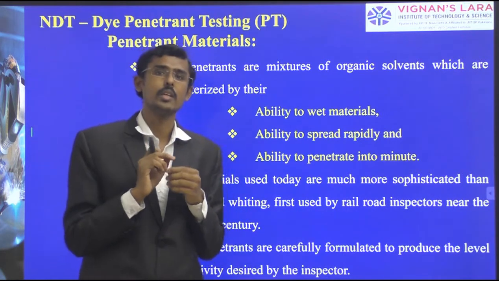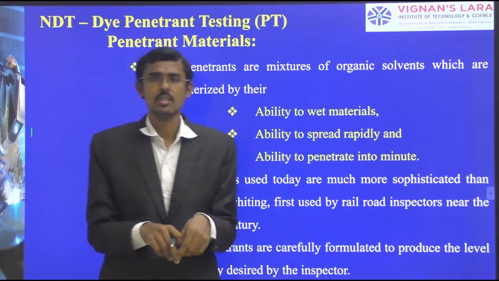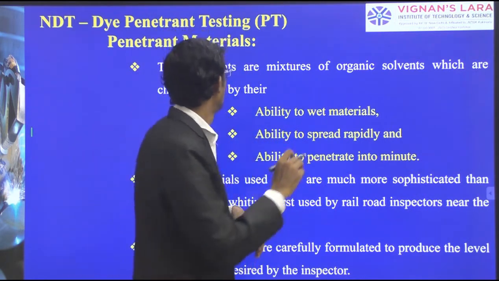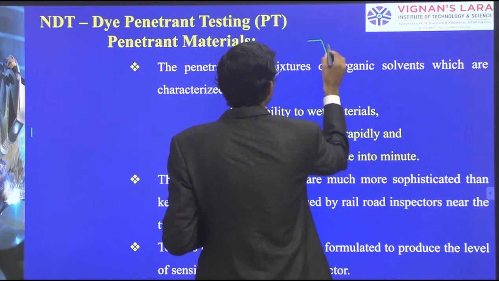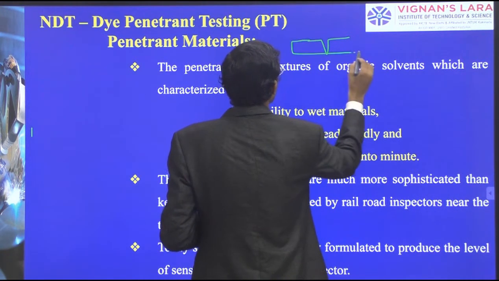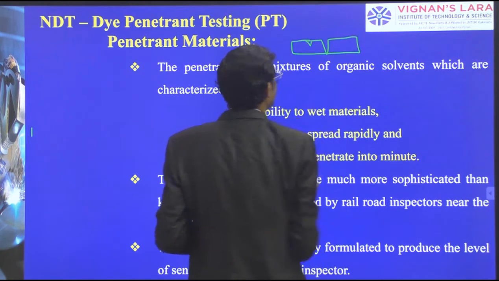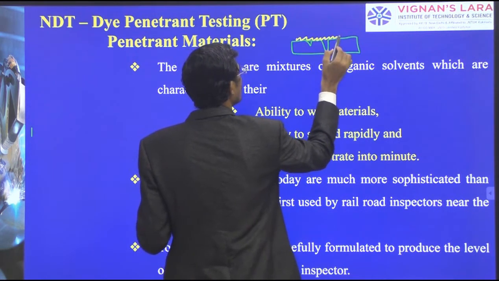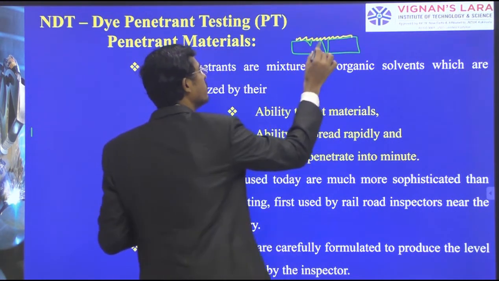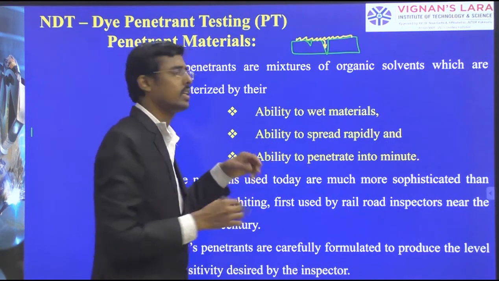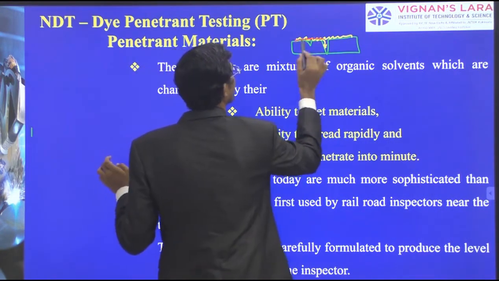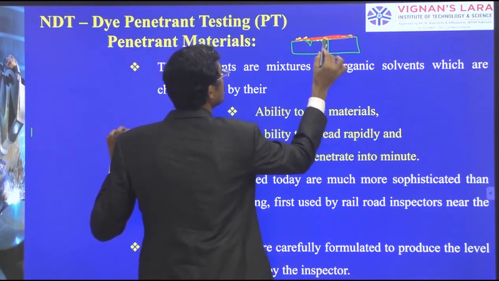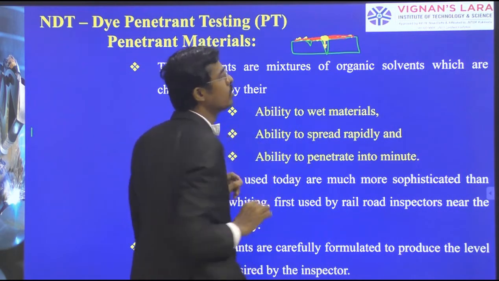Its properties, how it goes inside, capillary action, the capillary force needed to go inside the crack. We have a sample in such a way, and there is a small crack over here. When we are doing this, the penetrant is filled over the surface, it fills down inside, and then when we apply the developer over there, it comes out, and then this penetrant looks different, therefore we are able to find it.